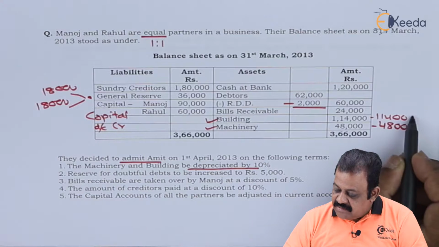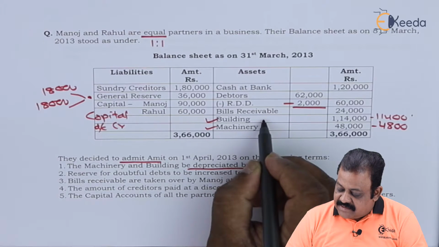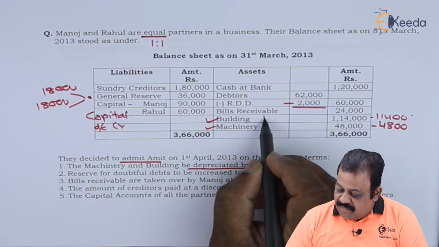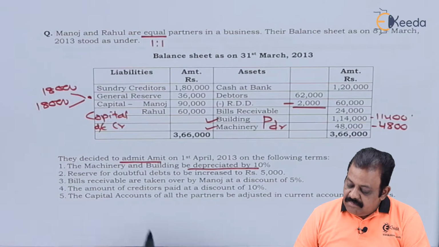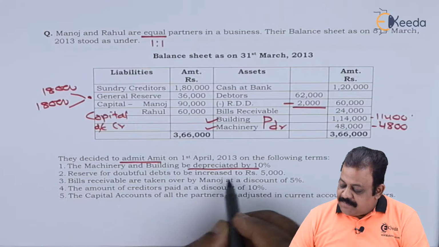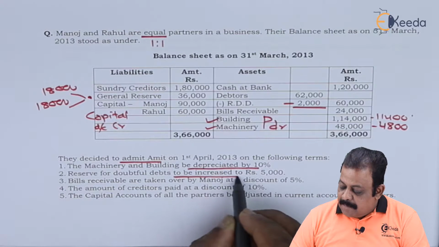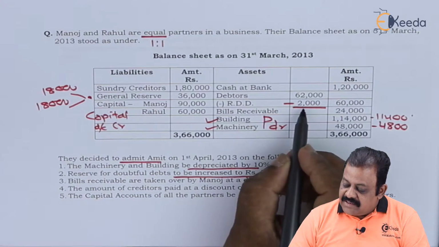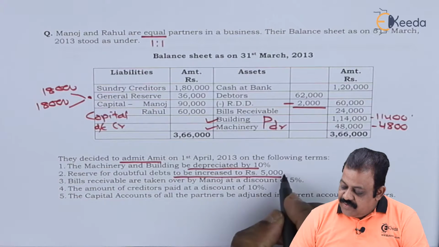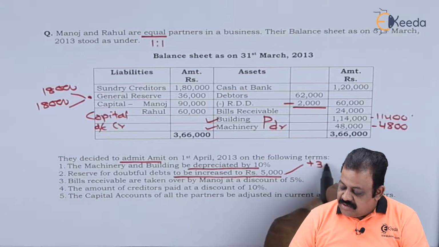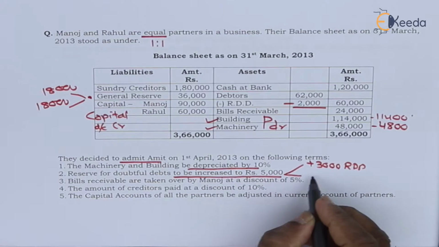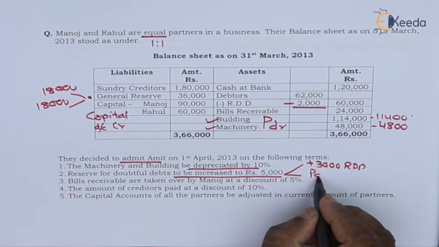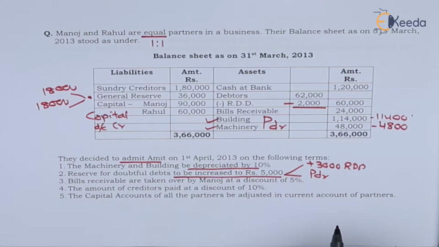Second effect, in case of both the assets, profit and loss adjustment account debit. Reserve for doubtful debts to be increased up to 5,000. Already it is given 2,000 here, so we are required to add 3,000 to RDD. And second effect, profit and loss adjustment account debit.